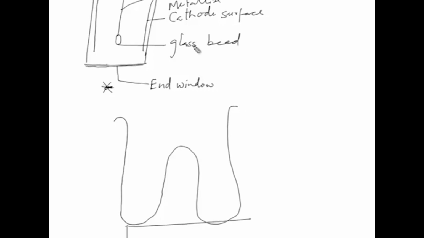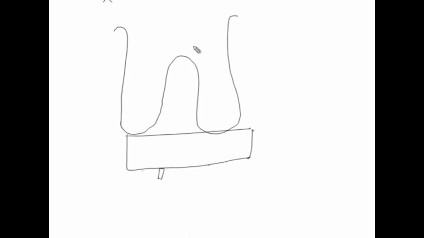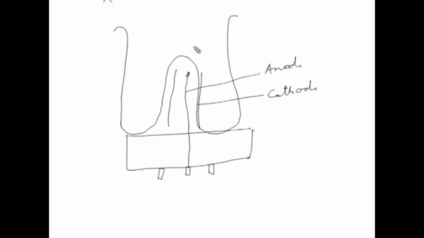You have a similar sort of thing, but with a place for the sample. There will be a cathode, which is the metallized cathode surface, then there will be an anode wire in the center, then the liquid sample will be filled in here. So, this will be the liquid radioactive sample.